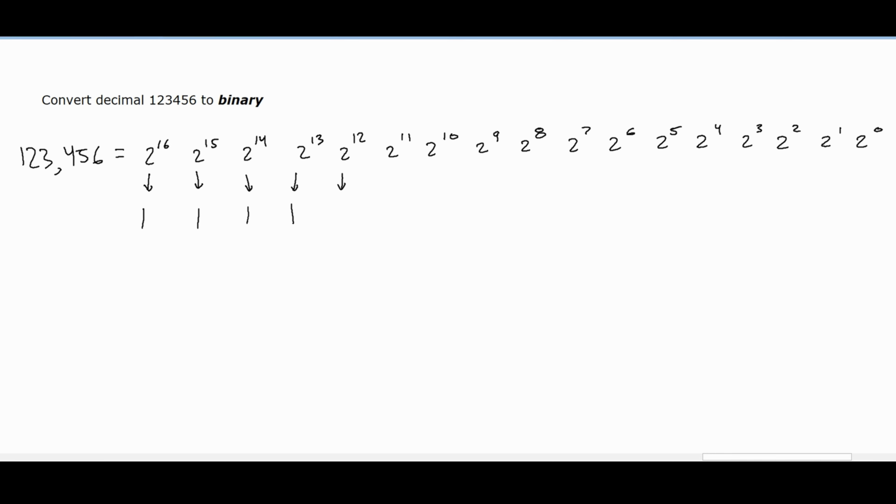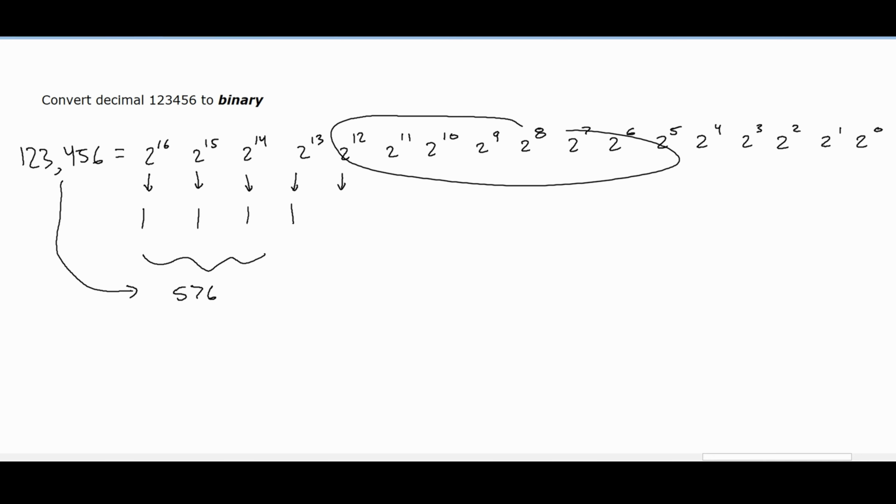Now, our number is 576 after we've done all of these. So after these 4 operations right here, this number is 576. Now, that's a pretty small number considering all of these powers of 2 that we have left. So what we can do is test all of these values, but if it gets a 0, it's not going to be added into the subtraction of this.